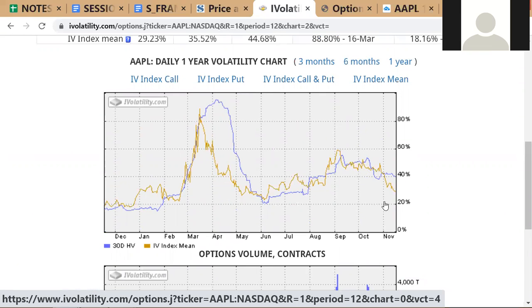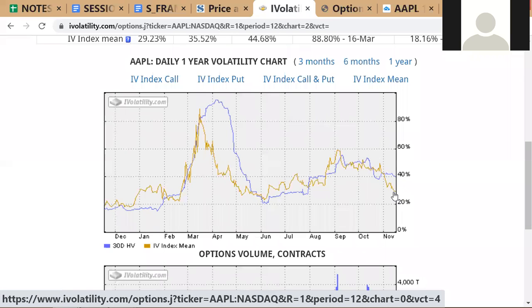So if you go long Apple options, if you're a mean reversion kind of player, and you find that Apple options have traded in the range between 20% and 80%, and it's closer to 20% now, so you want to buy Apple options. Your IV index mean is over here, and you buy this, both calls and puts, betting on a rise in eyeball.